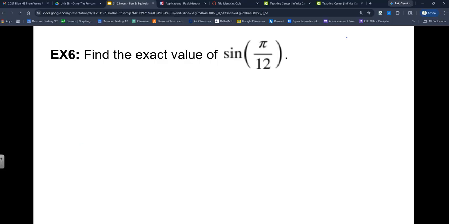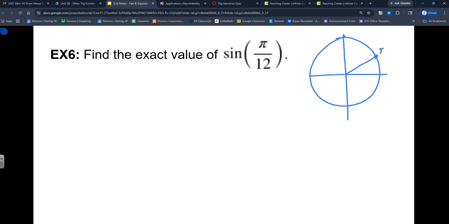So let's think about the unit circle here. The values I know on the unit circle, I've got pi over 6, pi over 4, pi over 3. I could keep going. But none of those are over 12. But I could make them all over 12, right? I could get common denominators. To get 12 here, I would multiply by 2 on top and bottom, and I would get 2 pi over 12.